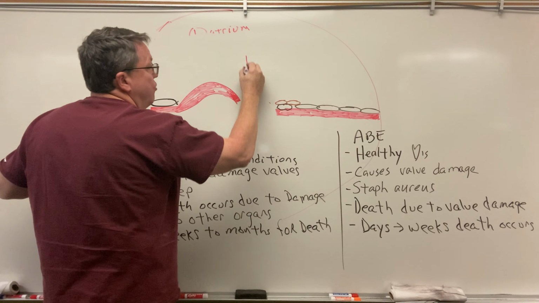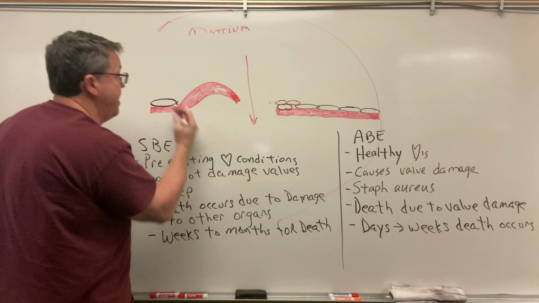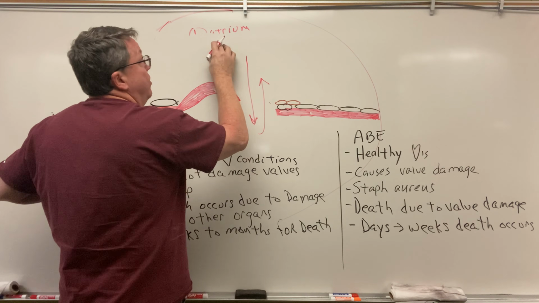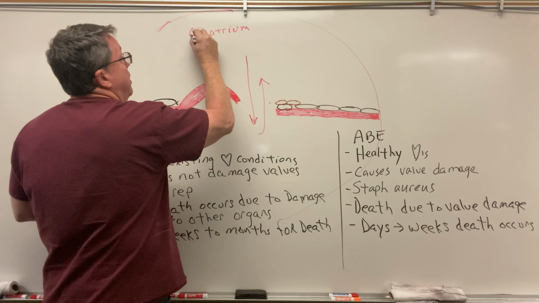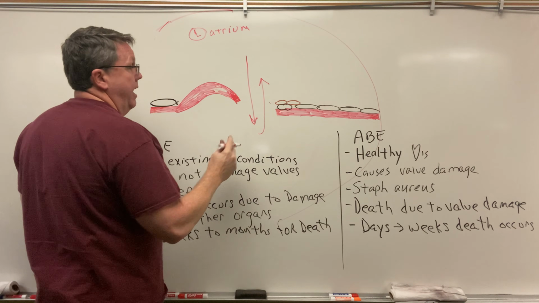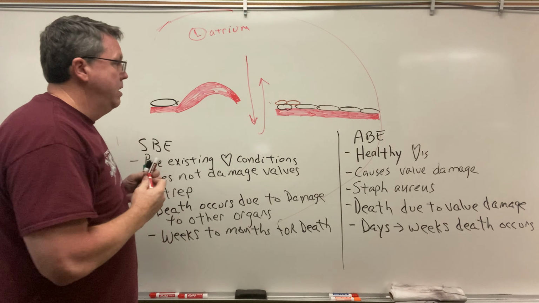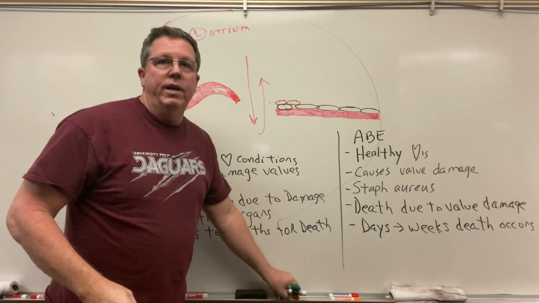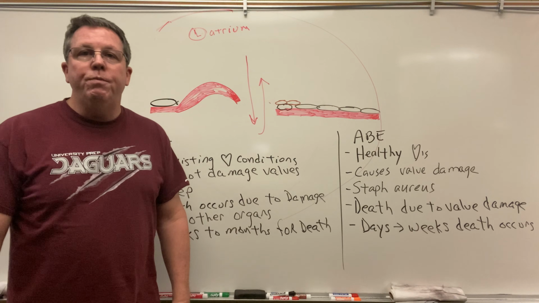So now when the blood comes from here and it goes into the left ventricle and the left ventricle pumps, instead of that blood going out to the body, it can go back up into the atrium. And this can happen on the right side. I just have left side right here, but it can happen on the right side too, okay? And that's basically what's going to happen in acute bacterial endocarditis. So you can see this one's going to be a lot more deadly because it just keeps growing and destroying the valves. So that's it for endocarditis, and I hope you enjoyed the video.